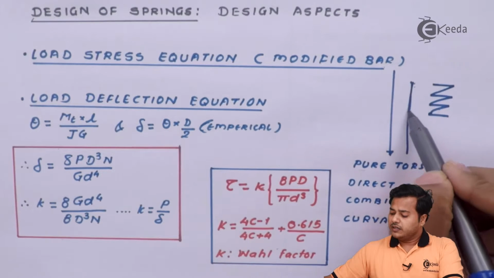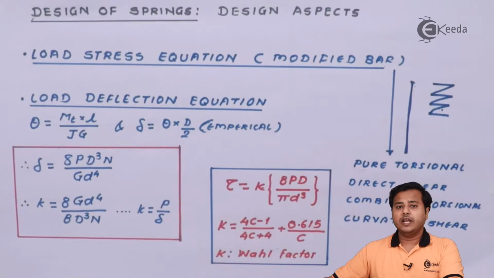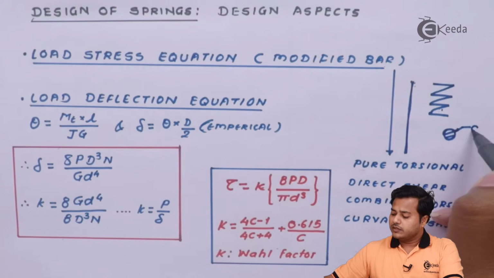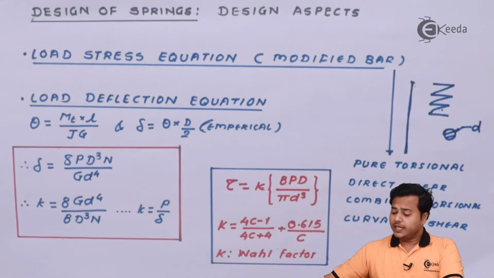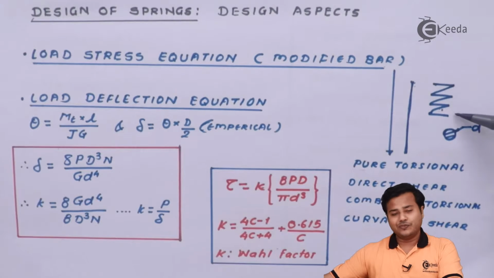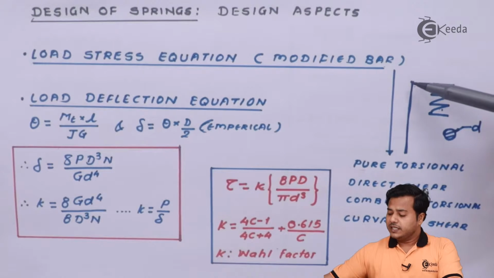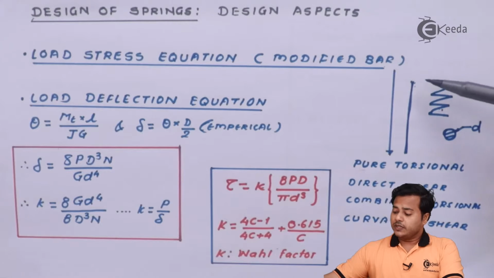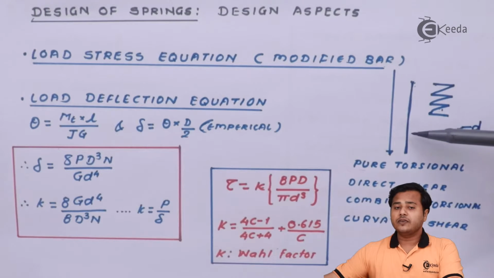Now this bar and this spring will have only one thing in common, which is the cross section, with small diameter d, whereas the total length of this modified bar will be equal to the circumference of one coil into the number of coils. This is how the simplified or modified bar is. Now the spring is converted into a bar and then analyzed for various stresses.